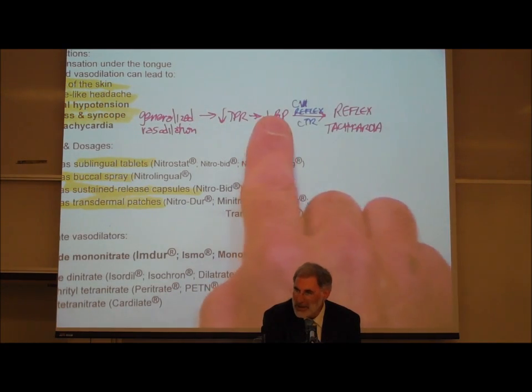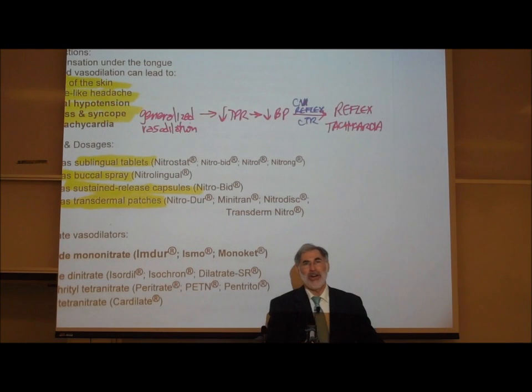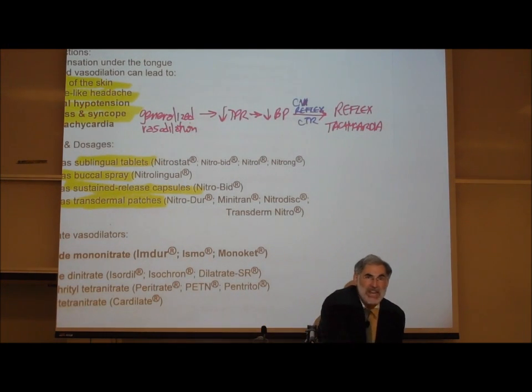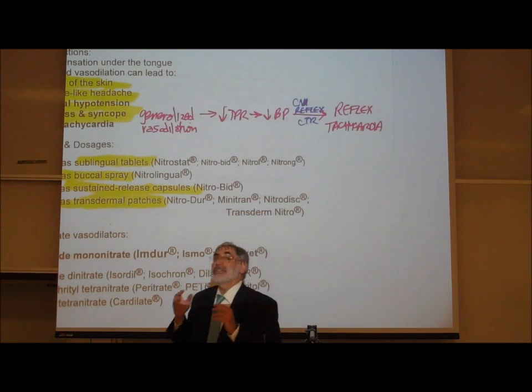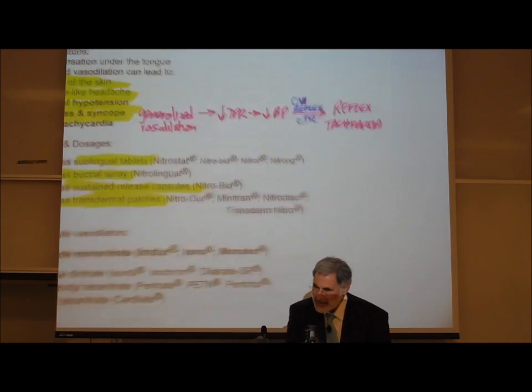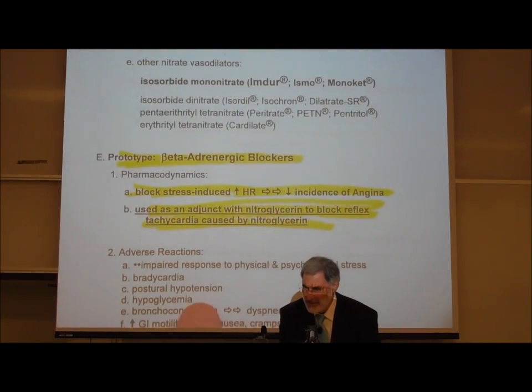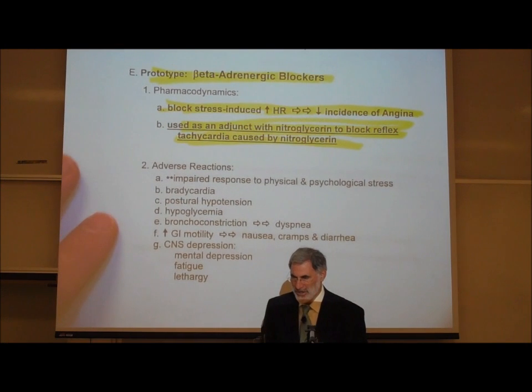Why not? Because the way that the cardiovascular reflex center causes this tachycardia is by activating sympathetic motor neurons to speed up the heart rate. But that won't happen if you block the adrenaline receptor sites. So that's also why they use beta blockers. So you'll see them in conjunction with each other.